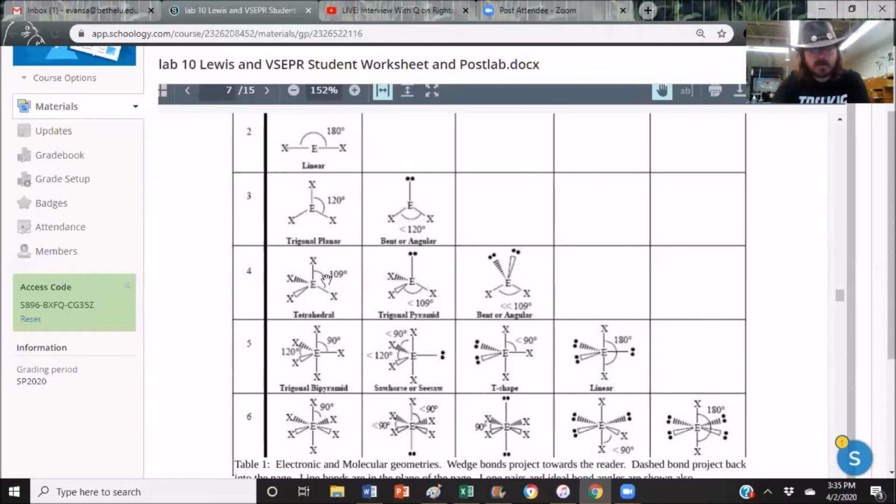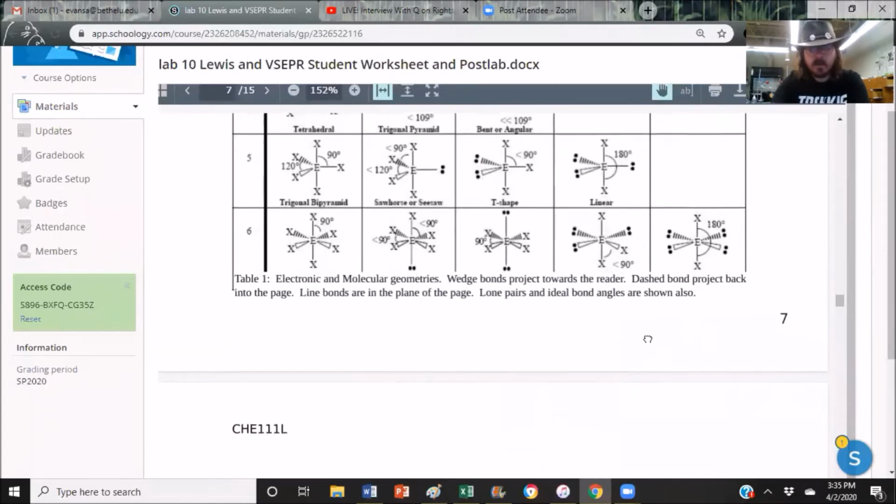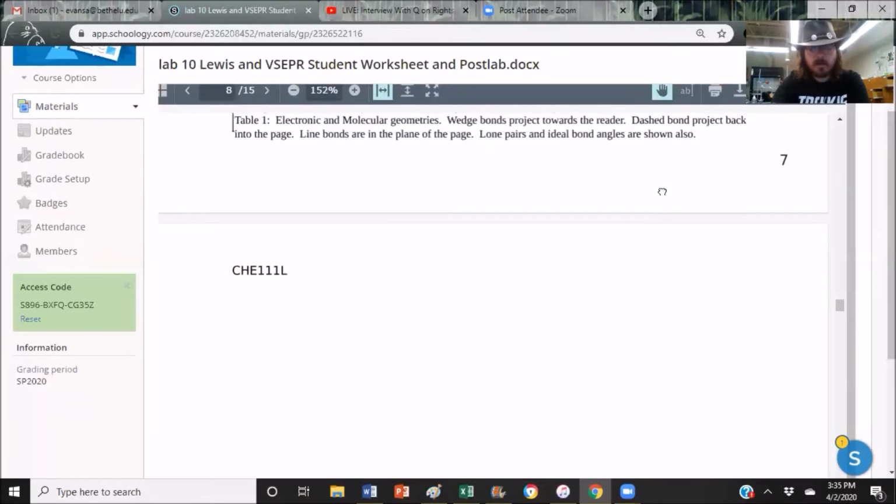But you could have a tetrahedral electronic and a trigonal pyramidal molecular geometry if you have 1 lone pair. So you'll get your ideal bond angle and your actual bond angle from here, as well as your electronic geometry and your molecular geometry from there. I'll show you wedges and dashes to say going forward, coming towards you, and going away from you.